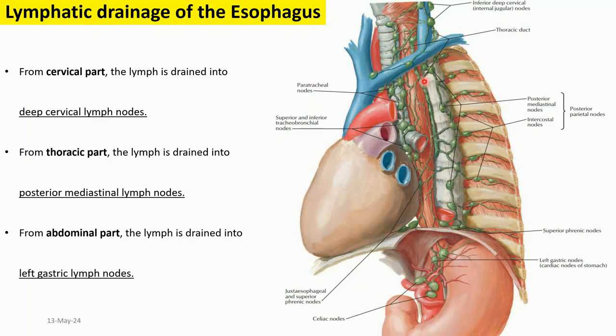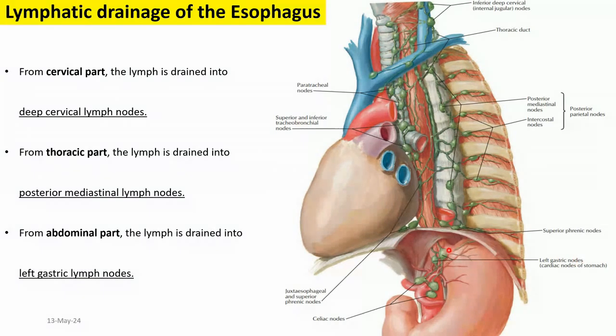Then from the thoracic part, lymph is going to enter into what we call the posterior mediastinal nodes. These are lymph nodes in the posterior mediastinum. Then the abdominal portion is going to be drained by the left gastric nodes.